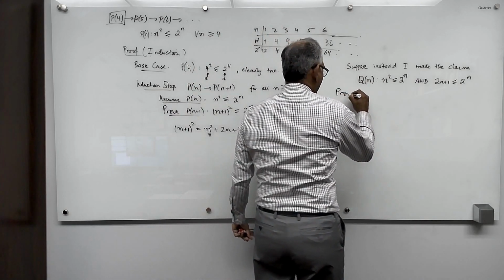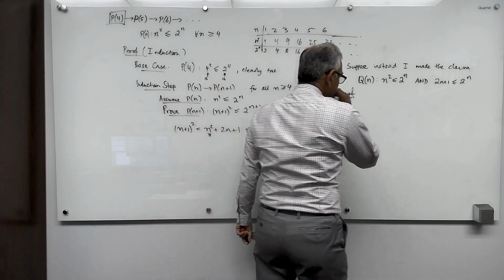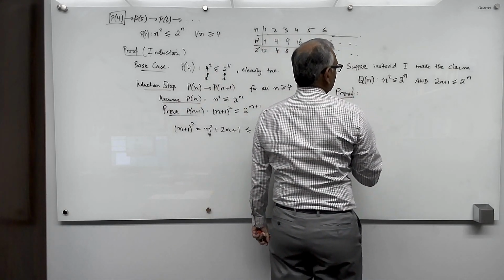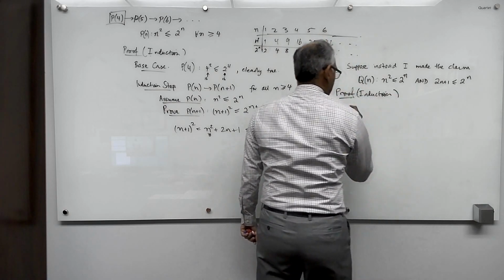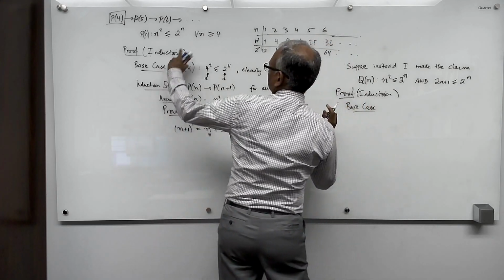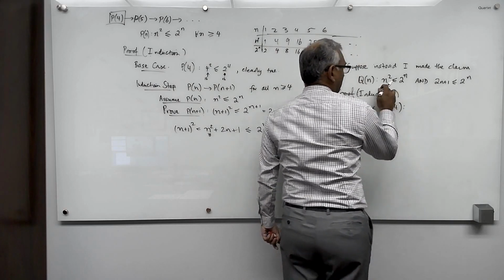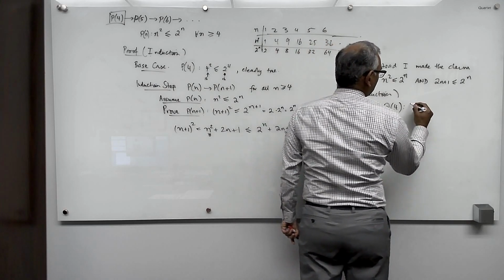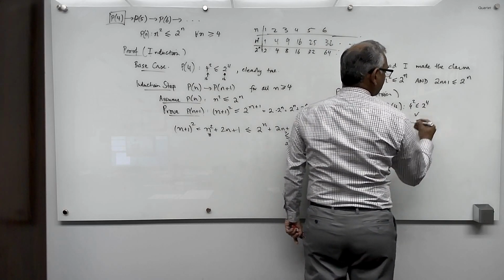Proof. Okay, proof. So, by induction. So, the base case. Again, we're interested in n greater equal to 4, so we need to prove Q of 4. Okay, well, what's that? That's the claim that 4 squared is less equal to 2 to the 4, which we know is true.